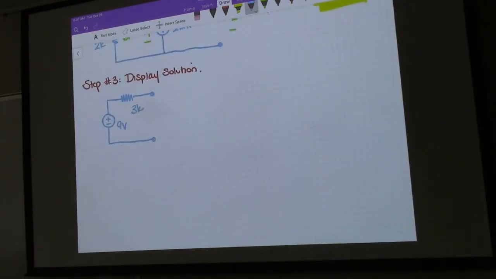If we were to show it as a Norton equivalent, then this is still going to be 3 kiloohms. What is I Norton going to be?